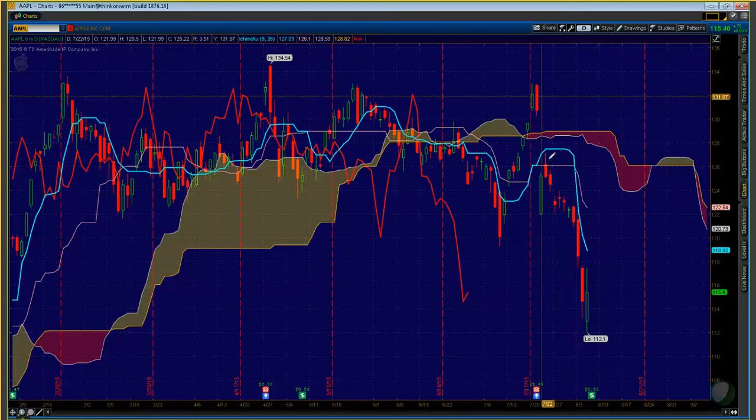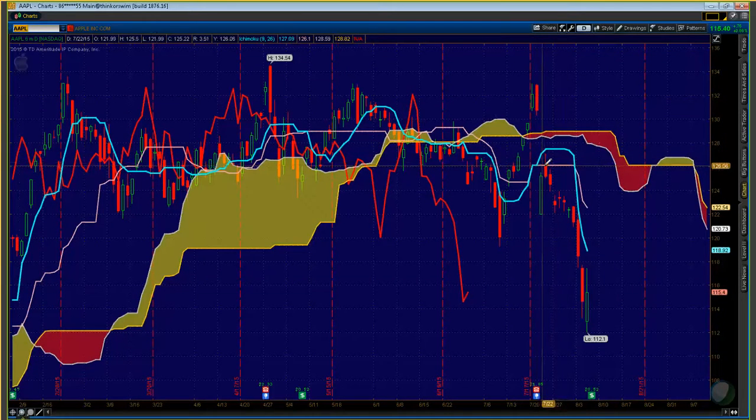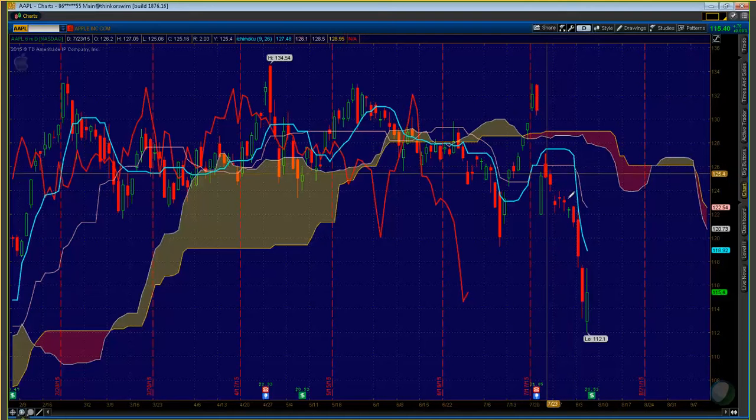Here we were above the Kumo, we gapped down, and it blew right through everything. We can see that it kept coming down, and the Tenkan-sen has been acting as resistance, preventing a pop-up. We do have a bullish hook on the Chikou span, and that coincides with price hitting a support area.